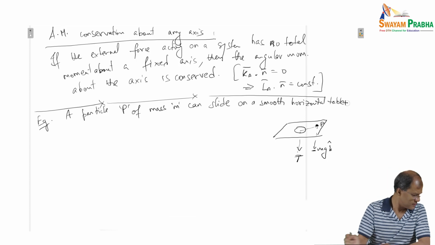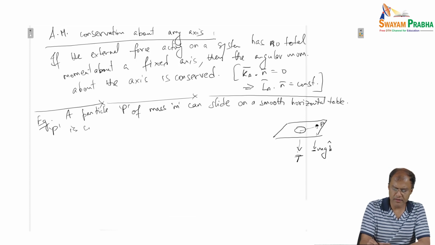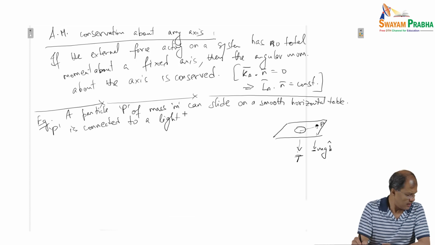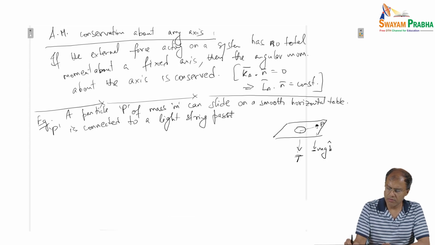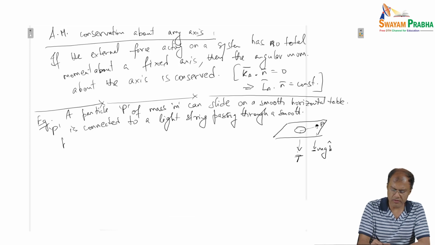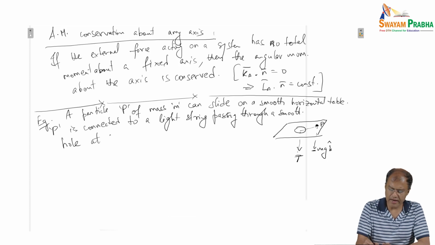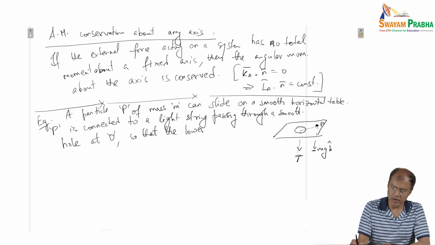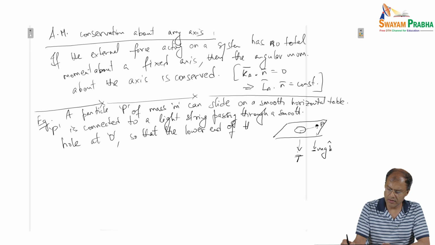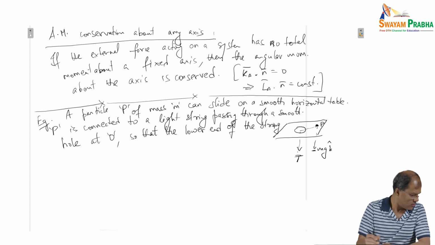Table, and P is connected to a light string passing through a smooth hole at O, so that the lower end of the string hangs vertically.